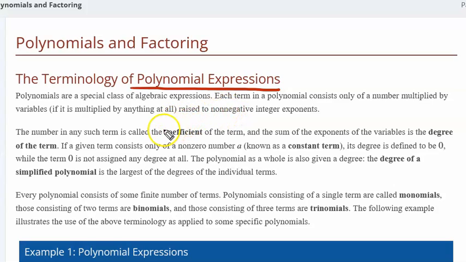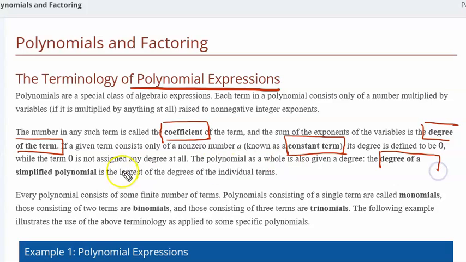But the words we want to define are coefficient, degree of a term, the constant part of a term, and the degree of the expression, the polynomial.